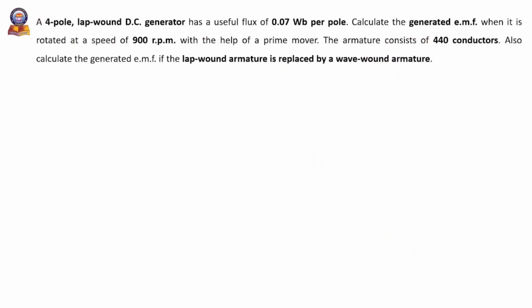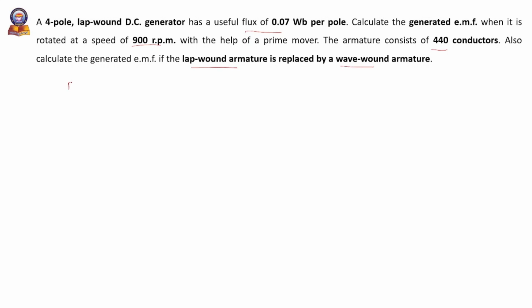So let us solve some problems. Given in the problem, a 4-pole lap-wound DC generator having a flux of 0.07 Weber. Calculate the generated EMF when it is rotating at 900 RPM with the prime mover. The armature consists of 440 conductors. Then calculate the generated EMF if lap wound is replaced by a wave wound.